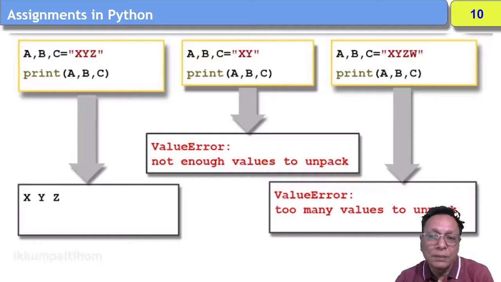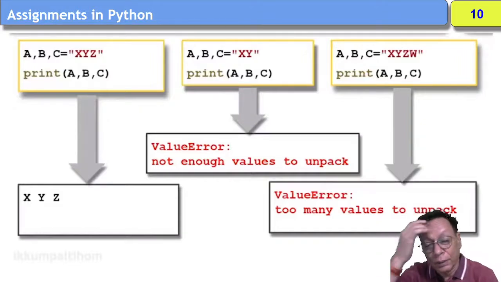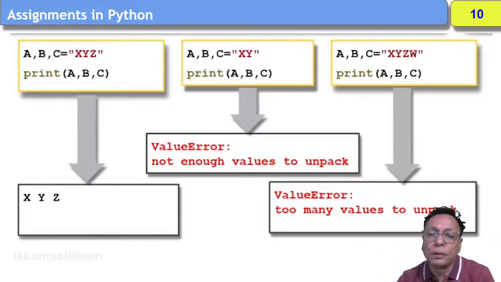But what happens when the number of identifiers as L values is more than the literals on the right hand side? Say A, B, C, there are three identifiers, and X, Y, there are only two literals.